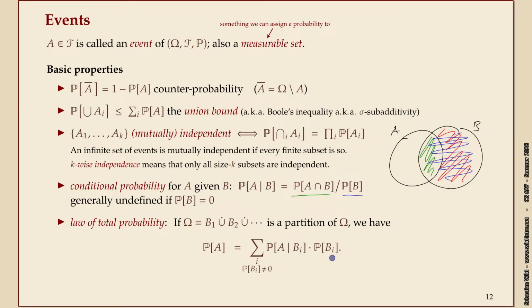And then the proof of this equation is completely boring. You just plug in the definition. But it's useful to think about it as a kind of case distinction. And whenever these conditional probabilities are easier to compute or evaluate, the law of total probability can help determine or compute things.